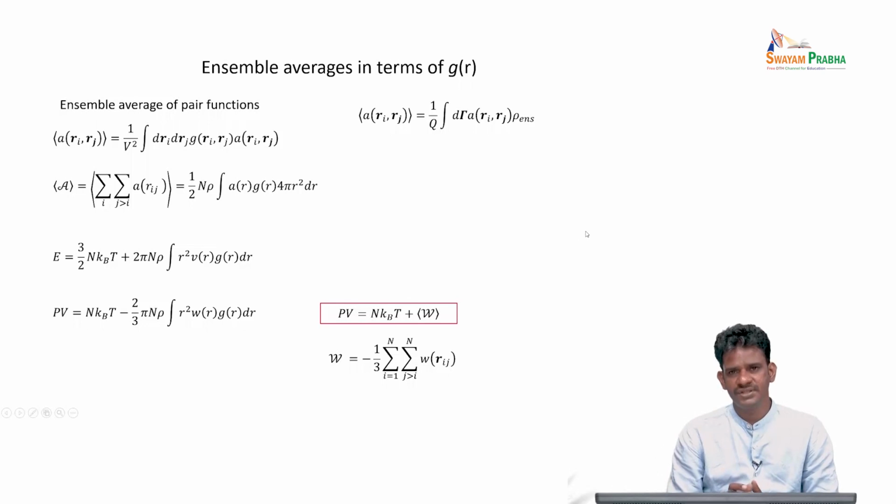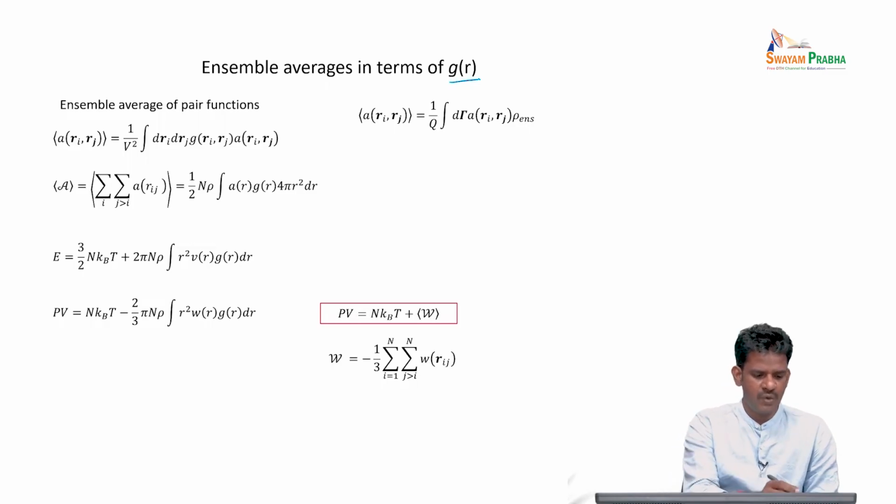The way we do this tail correction is by again going back to the use of RDF, the radial distribution function, because we have shown that once we have the radial distribution function, we are able to calculate pair potentials or pair functions.